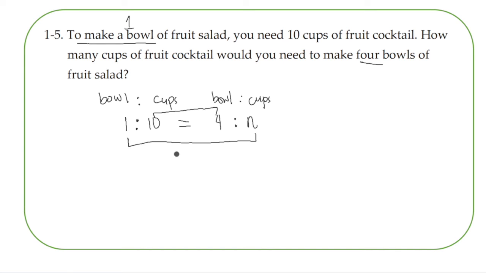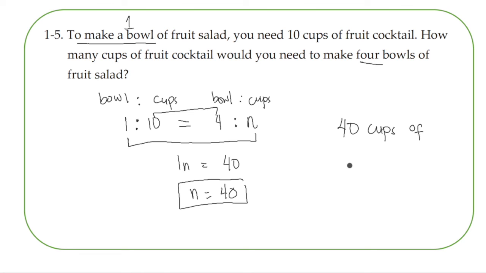So, here we have 1n equals 40 or n equals 40. So, ibig sabihin lang nito, ang kailangan ninyo ay 40 cups of fruit cocktail. So, ito na yung answer natin.